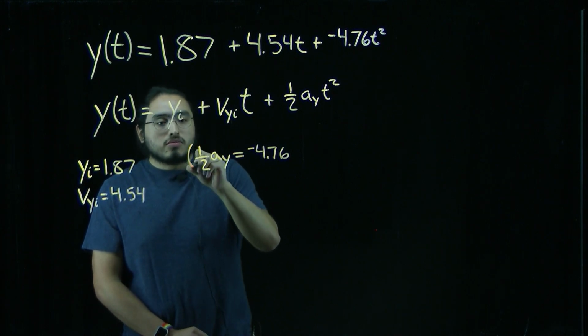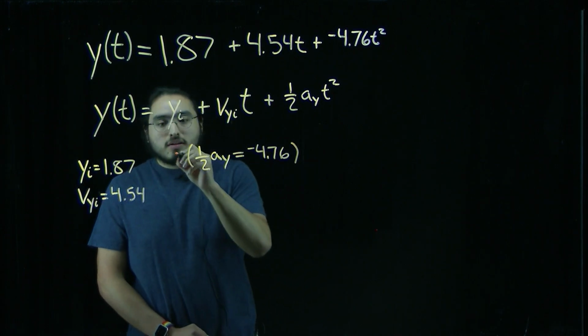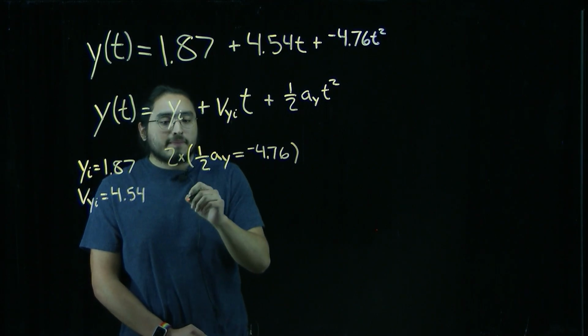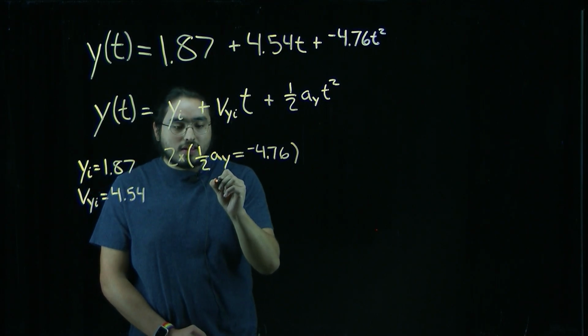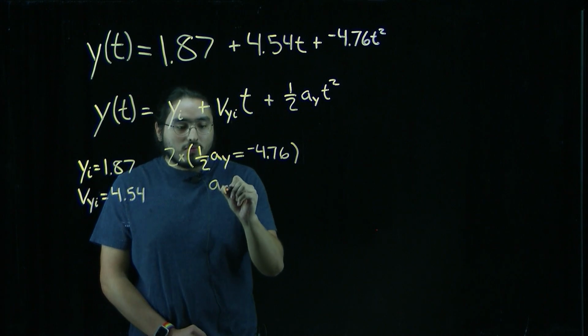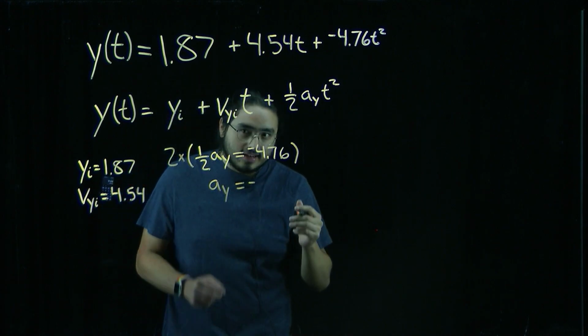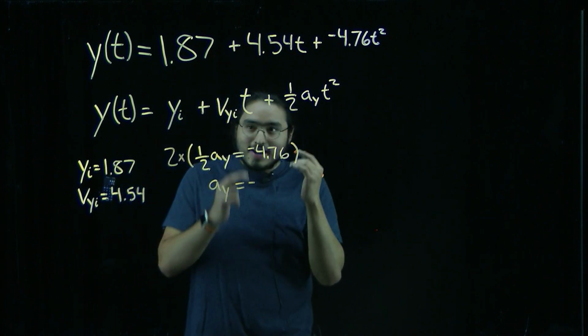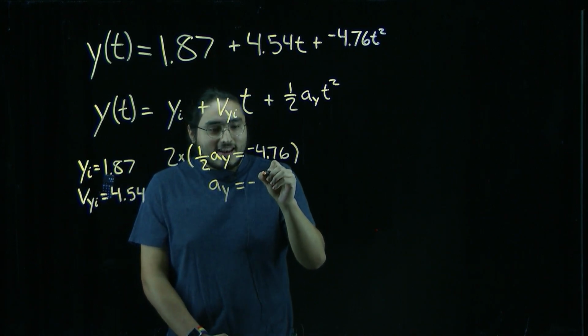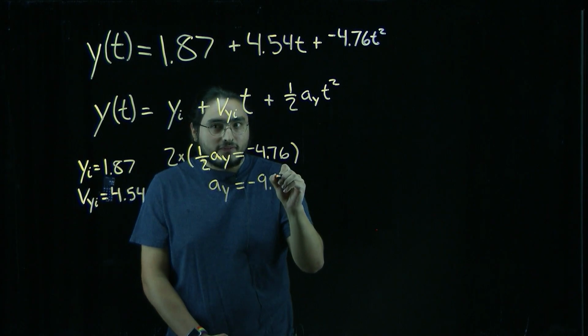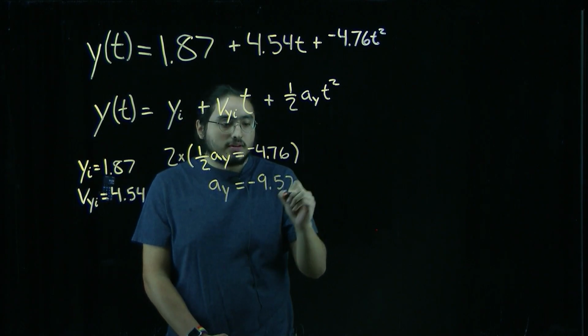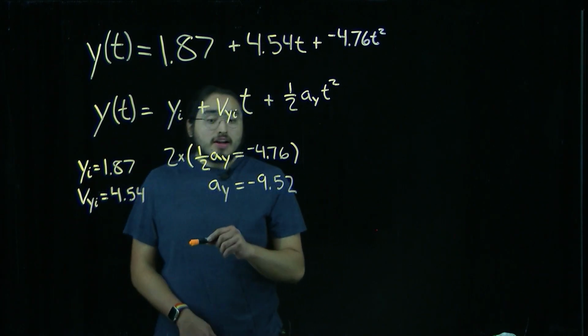So, multiply the whole thing by 2, and then we'll get a_y. So you put minus, and I'll do big brain math here, and I'll get 9.52.